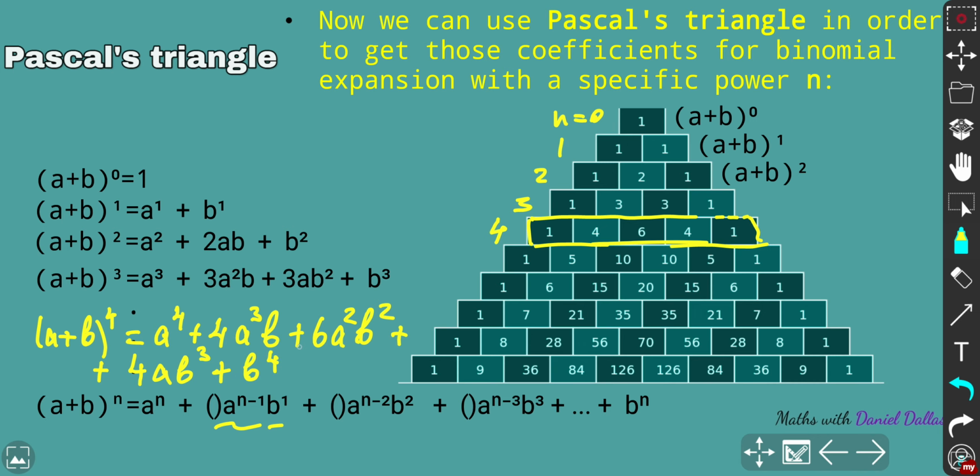So obviously this triangle will help us figure out the coefficients for any row. But let's consider the complexity. If you count 5, 6, 7, and let's say 8 and 9, using a power of 9 is pretty hard. When the power becomes greater, it's harder to use those coefficients.